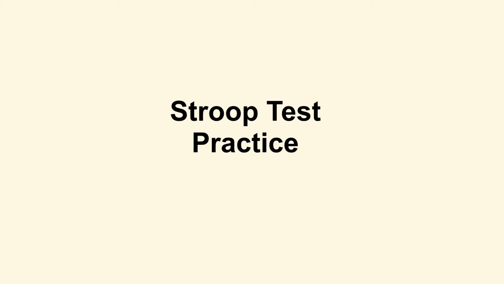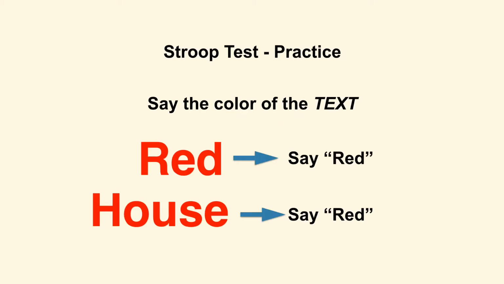First we'll practice a Stroop test. You're going to see a series of words, and I'd like you to do this out loud, either here in a class or alone watching this webinar. When you see a word appear on the screen, say the color of the text.